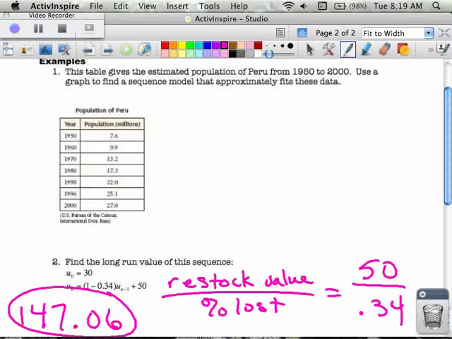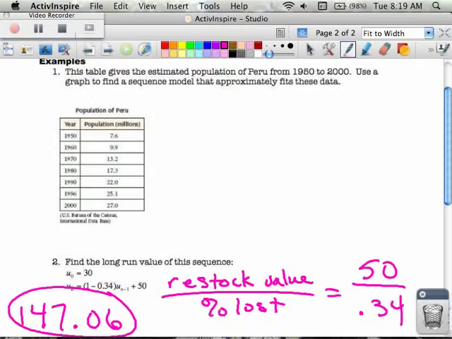And the way to do that is to look at how much things change. So, what I want you to notice is that when you see something where they're not going up by the same amount each time in a table, one of the things that you can do, if you know it's not linear, like if you were to put this in your calculator and graph it, what you would see is that these change by different amounts.